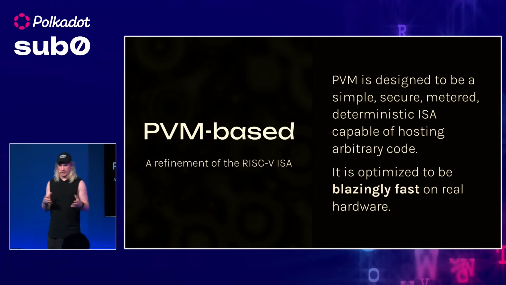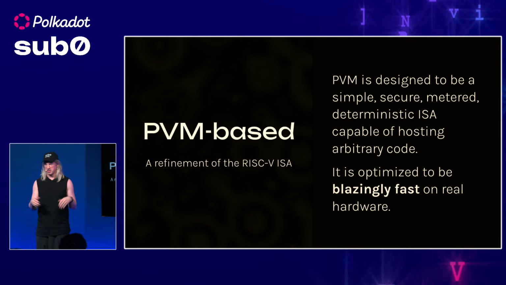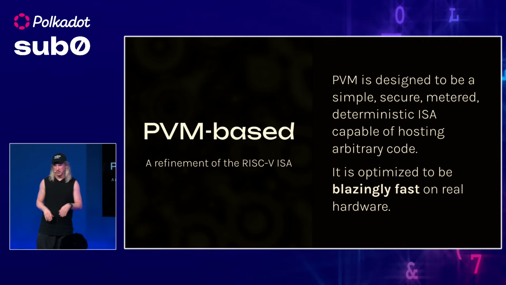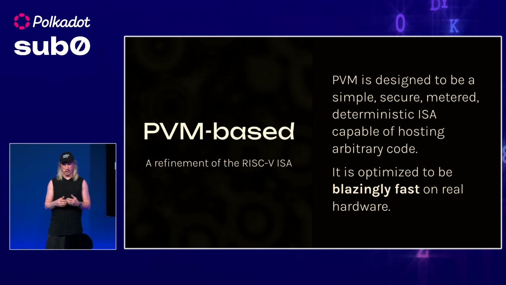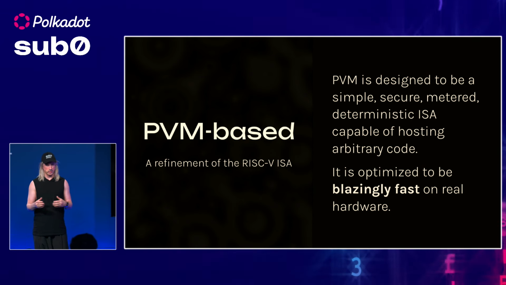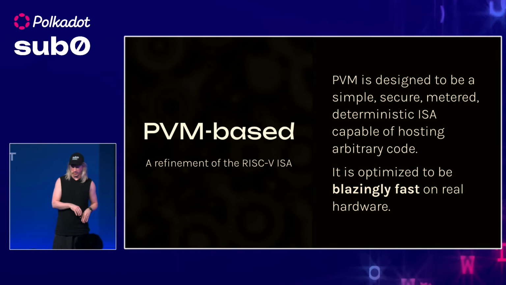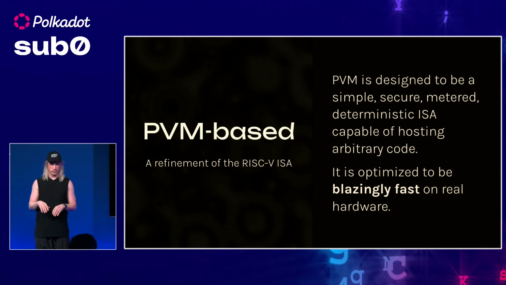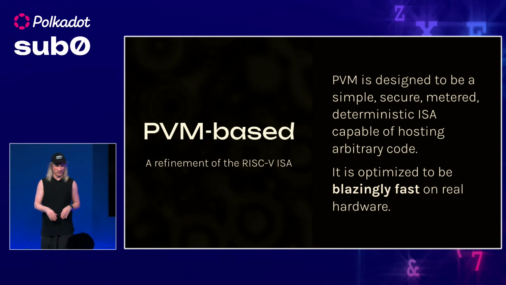The PVM design is based on the RISC-V ISA. Don't know if you're aware of this, RISC-V has been around for almost 10 years now. It's a very simple instruction format. I think at its core, it's only, I don't know, 20 or 30 odd instructions, and they're mostly very simple things like and, or, add.